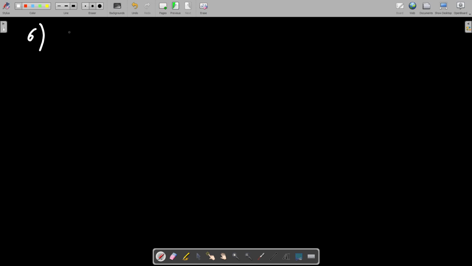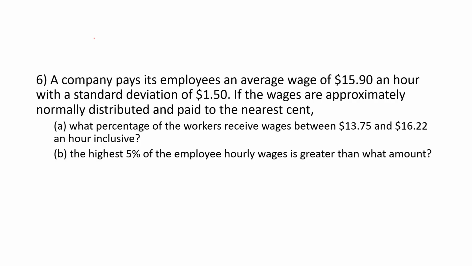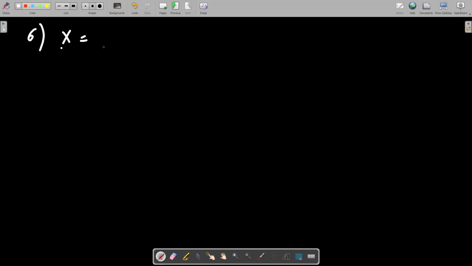Question number 6. They are given X is the hourly wage of the laborer, per hour wage of the worker, the selected worker, you can say.